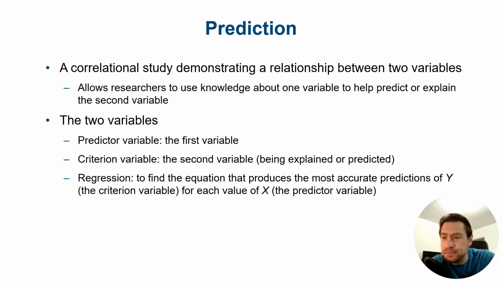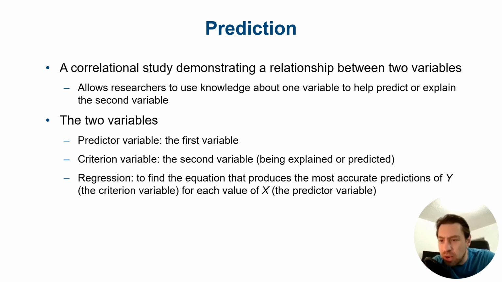For example, the book mentions a study that used regression to show that higher positive affect, so lower depression scores, predict problem-solving ability in older adults. And so that's one example of this approach in action.